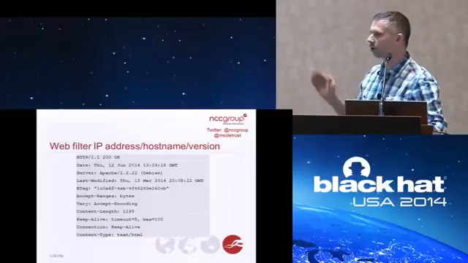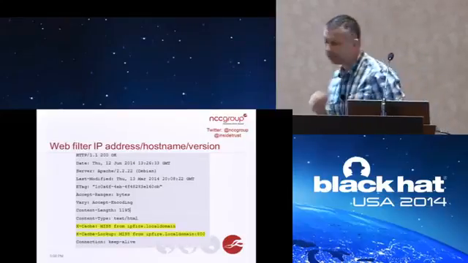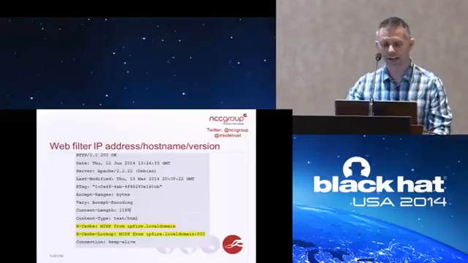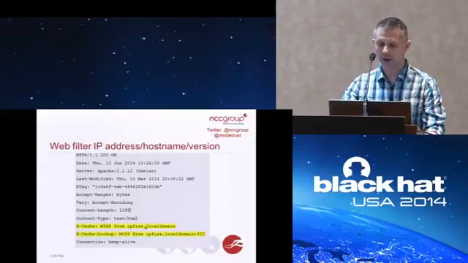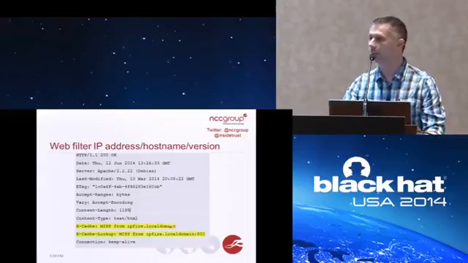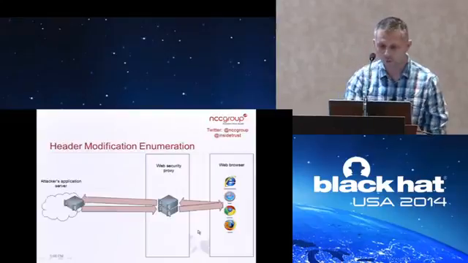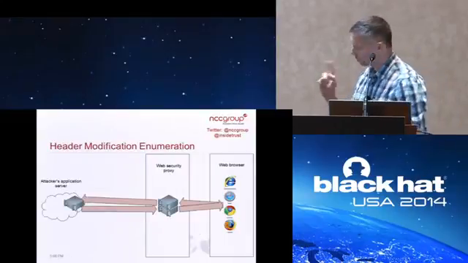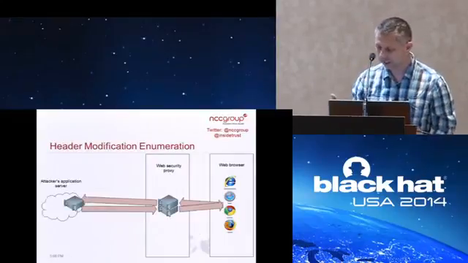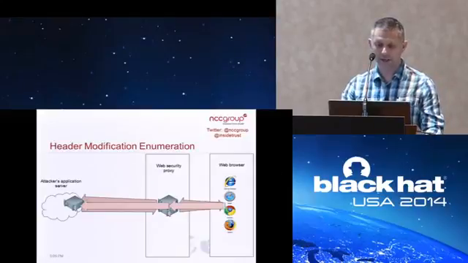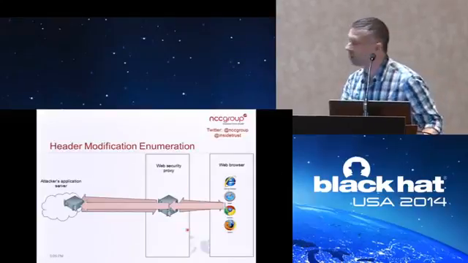And if it's going through a proxy, you tend to get additional headers. So here you can see a couple of cache headers added, and you can see a host name. This is an internal host name of the web security proxy. And here you've got a host name, and this is the proxy port. But you tend to get a lot more information. So I'll show you some of that in a minute. But basically, because this is all within my web application, I can pass that information back.